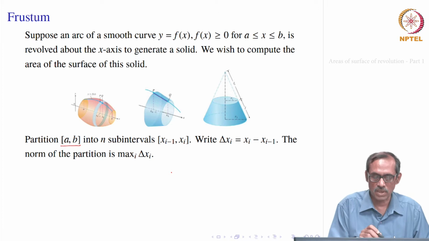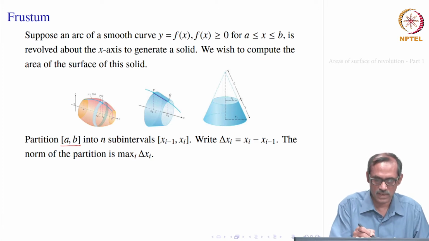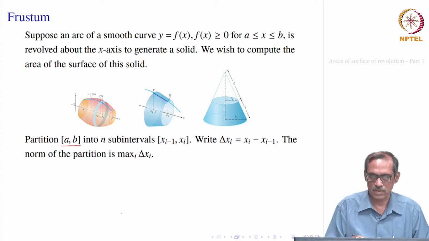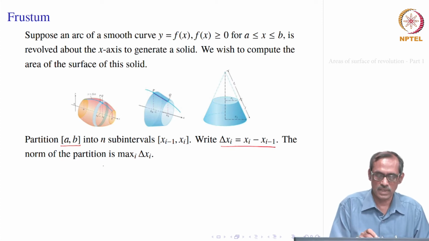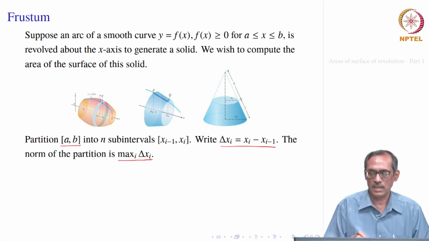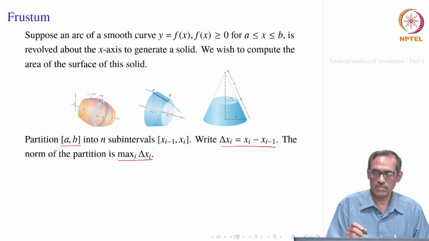Now, in each of the subintervals a band is generated, and we want to find that surface. Let us write the length of the subinterval as delta x i, which is x i minus x i minus 1. As earlier, we say the norm of the partition is the maximum of these delta x i, and we want to take the sum and later take the limit when this maximum of delta x i goes to 0. That would give us the area of the surface.